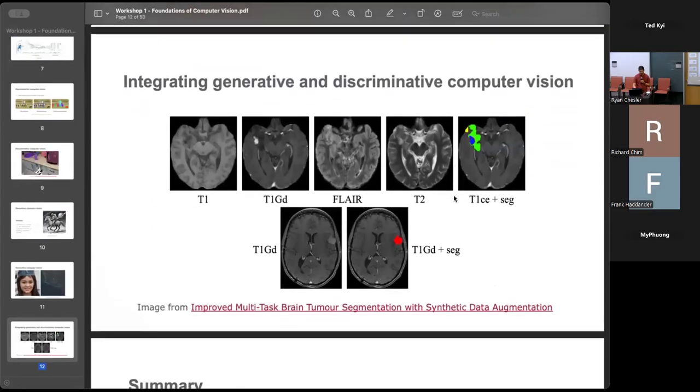And so people have done various things in order to merge these together. So you can combine generative and discriminative. So you say, I have this data set. Some of these are healthy brains, some of these are unhealthy brains. And then you say, generate more unhealthy brains, because I don't have very many examples of those.